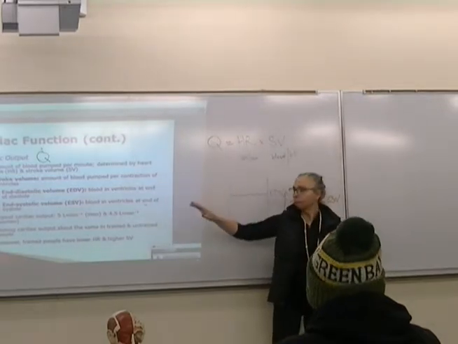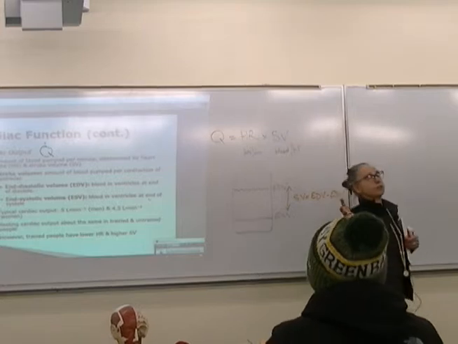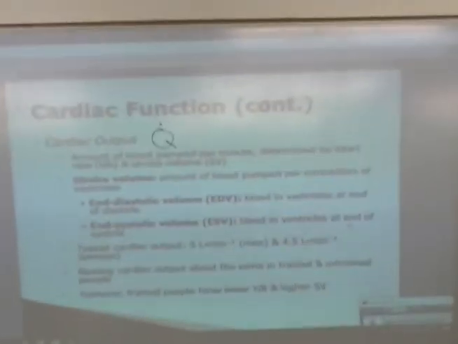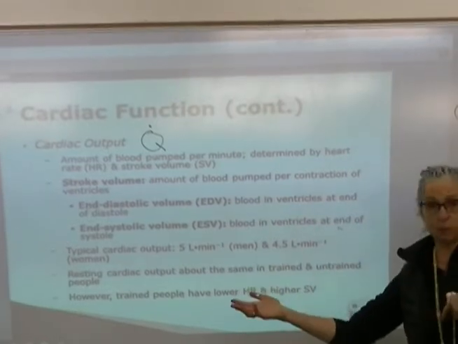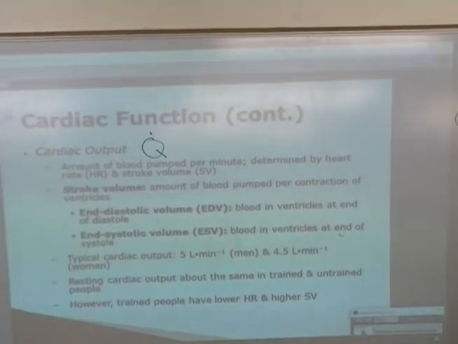Now, we're going to talk a lot over the rest of the semester about the differences between someone who is regularly physically active versus someone who is relatively sedentary. There are usually quite large differences between those two populations.